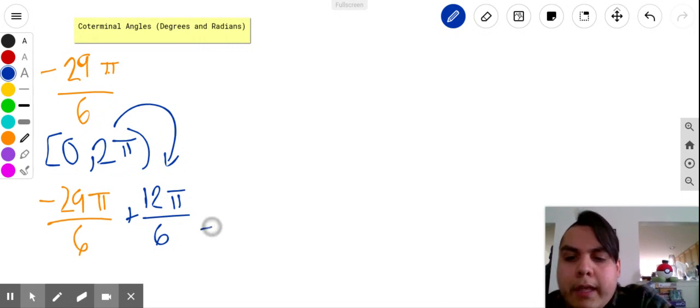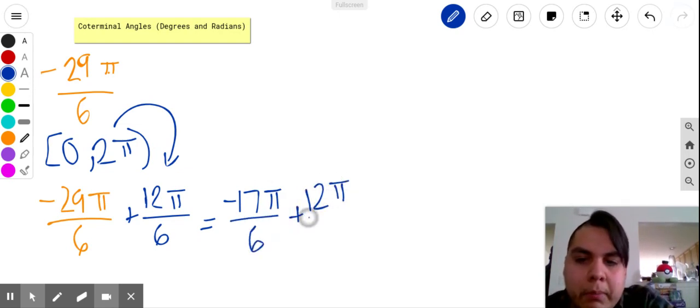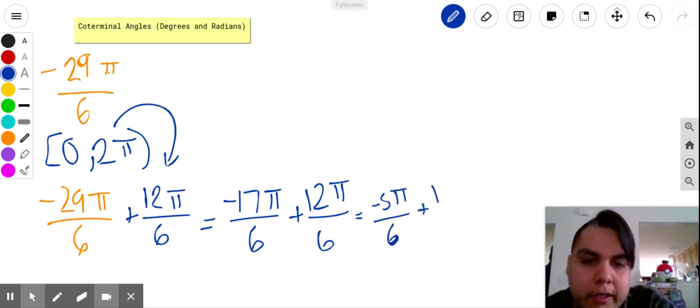Right? And that gets me negative 17 pi over 6. Do it again, because it's still negative, and I need a number between 0 and 2 pi. I get negative 5 pi over 6. Turns out I have to do it a third time. Then it'll get me 7 pi over 6.